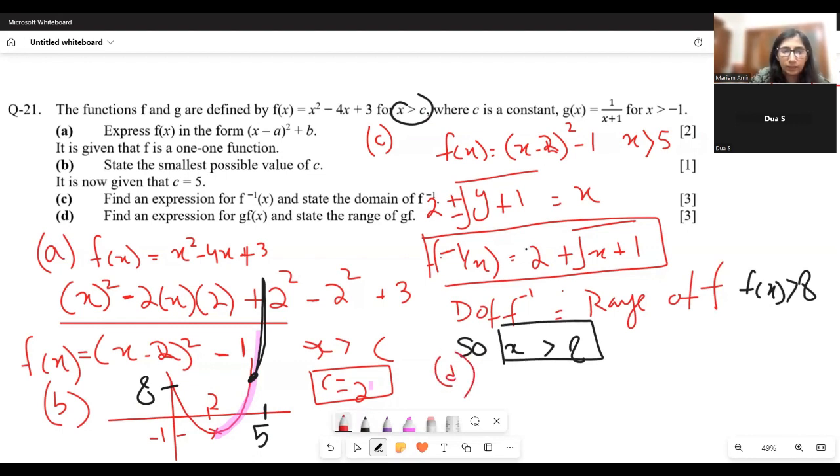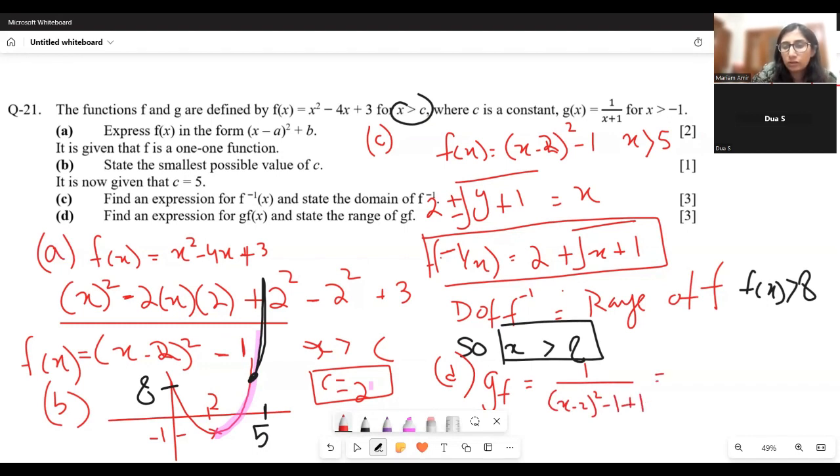Part D. Find an expression for gf and state the range of gf. Okay, so let's find gf. In g we substitute f. So gf would be 1 upon the completed square form substituted: (x − 2)² − 1, and then plus 1.